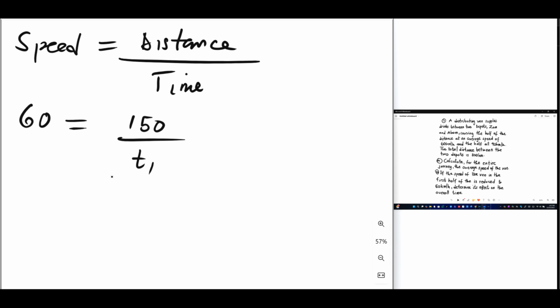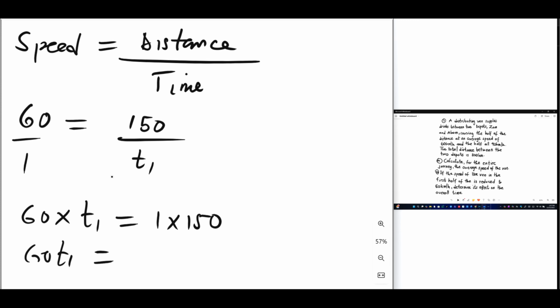You just cross multiply and you get 60 times t1 equal to 1 times 150. This gives us 60 t1 is equal to 150.